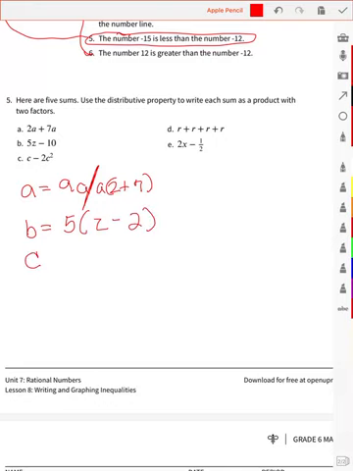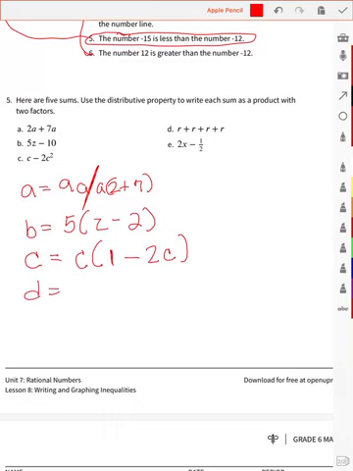For c, you could pull out the c, and that would be c times 1 minus 2c. So c times 1 would be c, and c times 2c would be 2c squared.